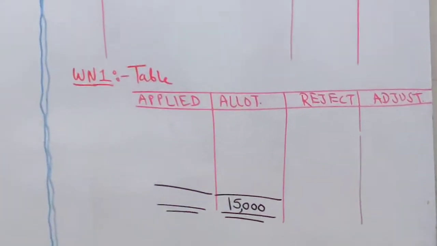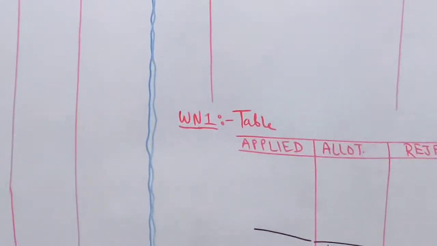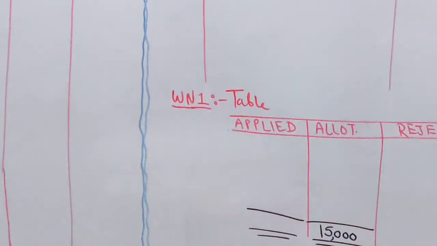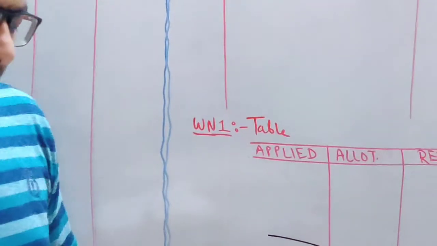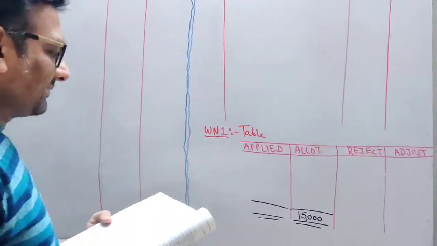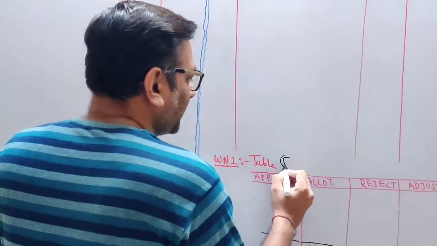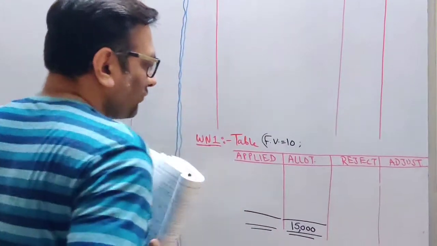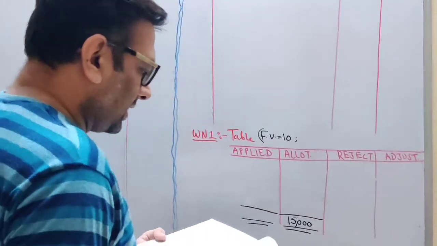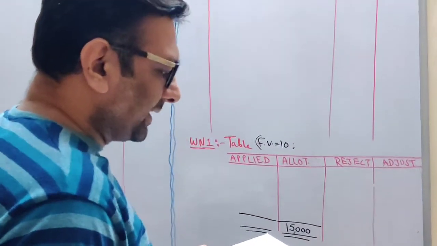Now, what does the question say next? Of rupees 10 each. The face value, I am writing here in brackets, is 10 rupees, and issued at 14 rupees each.